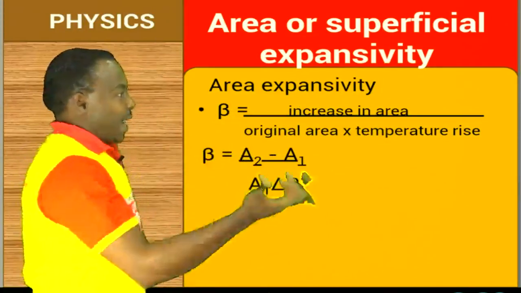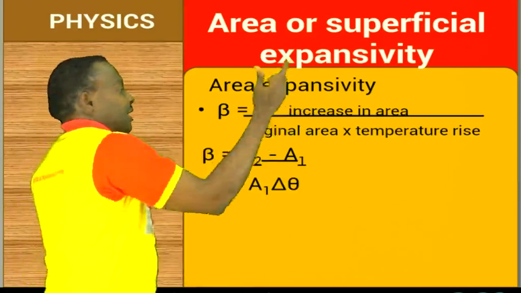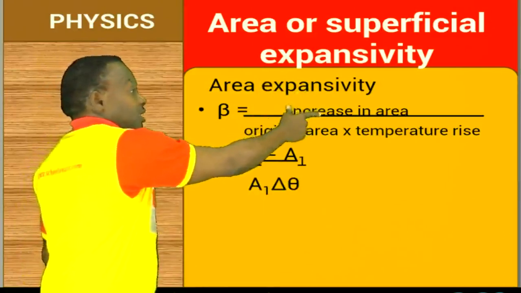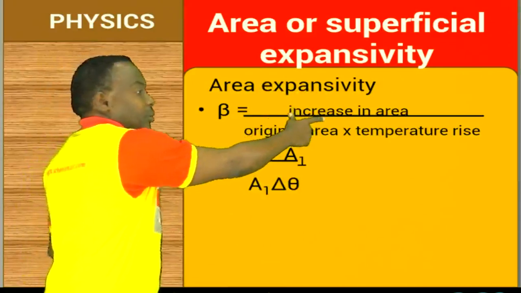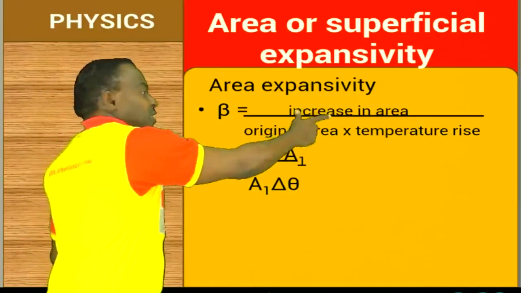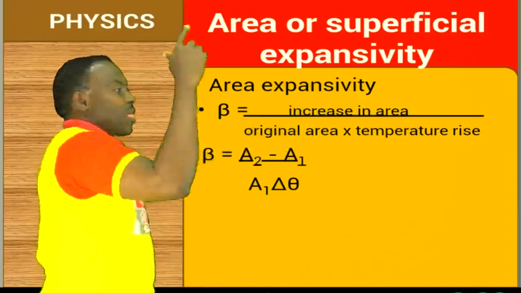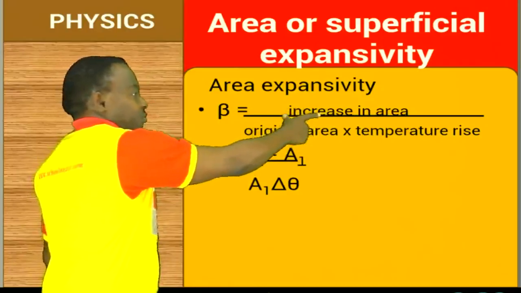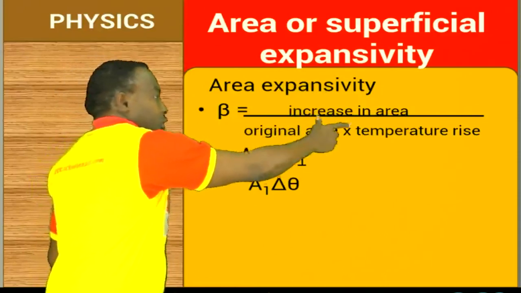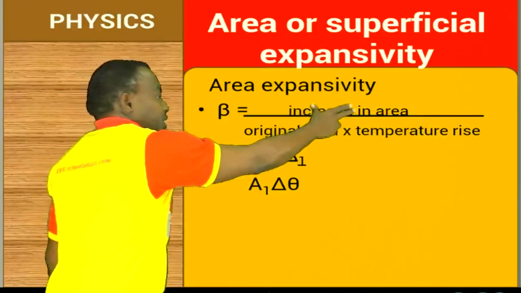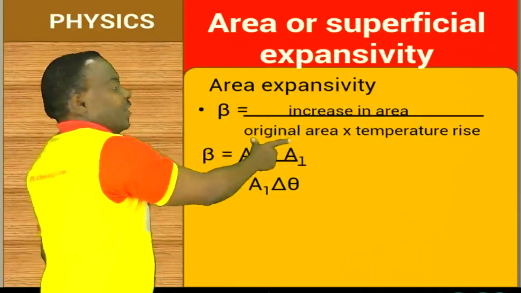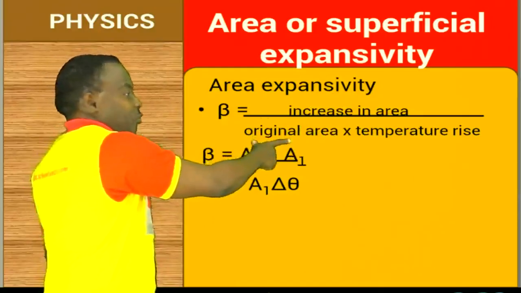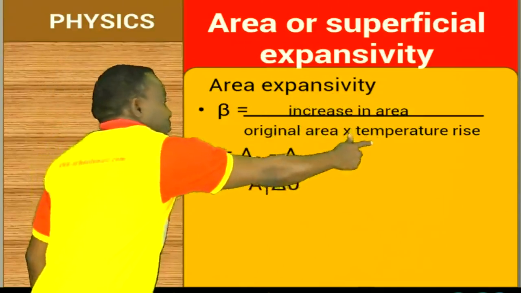I explained how to get the increase in length in the previous class. The difference now is that we are talking about area instead of length. The increase in area means the final area, that is the new area you obtain after the expansion, from which you deduct the initial area. That gives you the increase in the area, all over the original area, that is the former area before the expansion took place, times the rise in temperature.